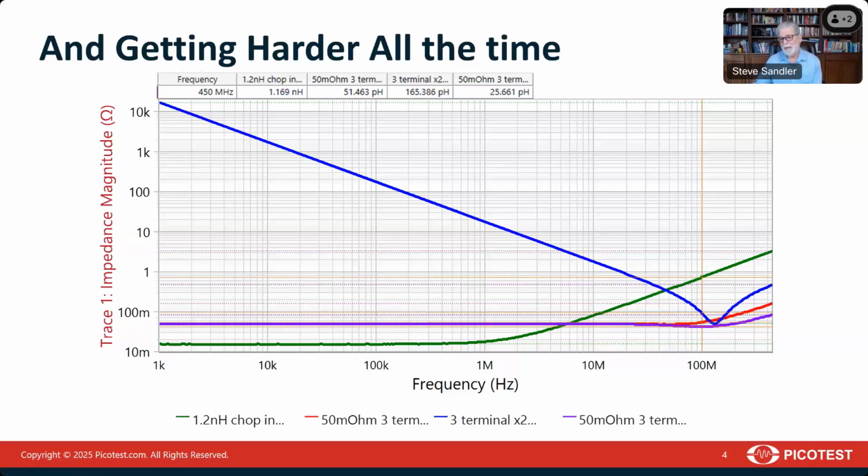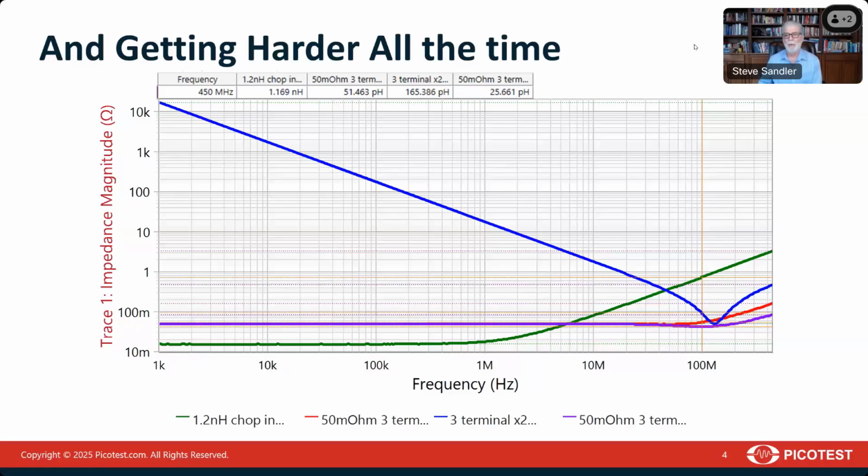While we're saying we need to measure to an accuracy of maybe 12 picohenries, for this one on the right, a 50% error would be the result. So we really need to measure much more accurately than even that.